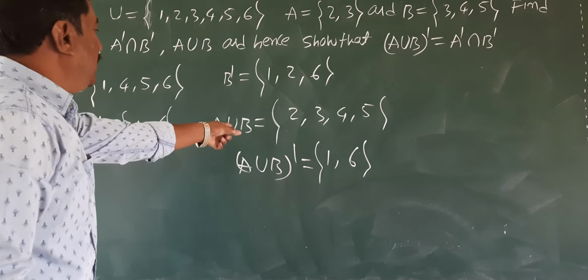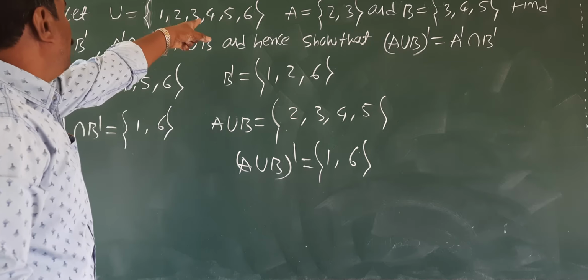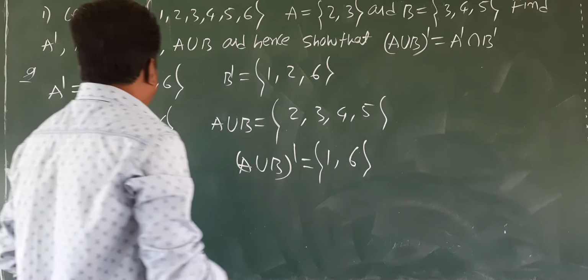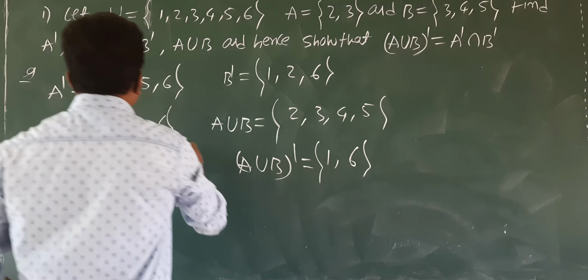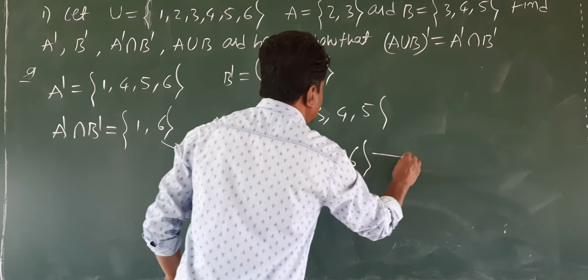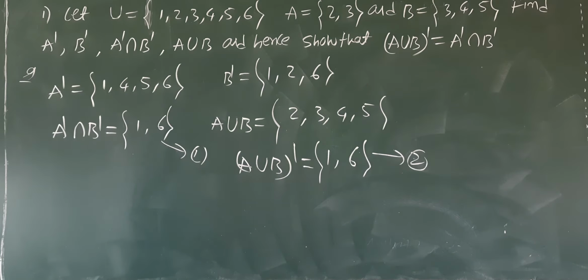A union B whole dash is everything except 2, 3, 4, 5, so I get 1, 6. You call this equation number 1. This is 1. This is 2. From 1 and 2, are they equal or not equal? Equal.